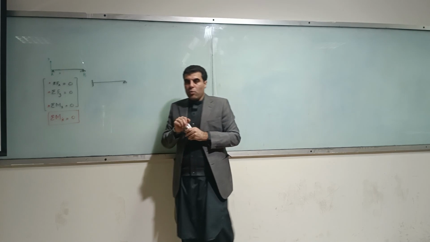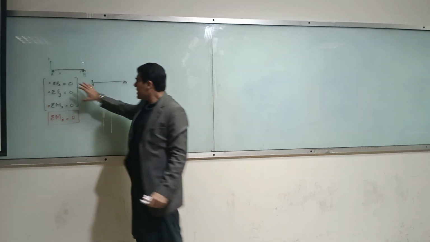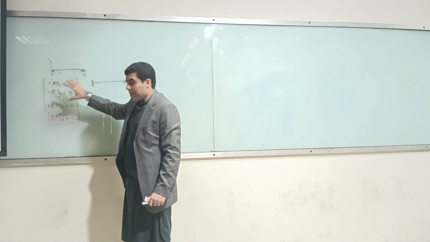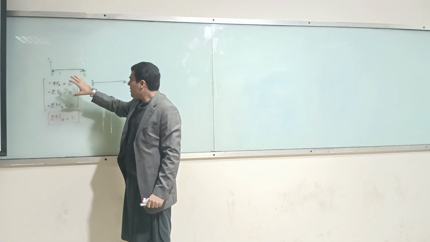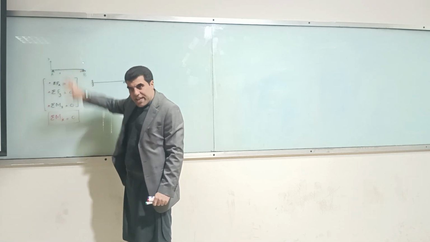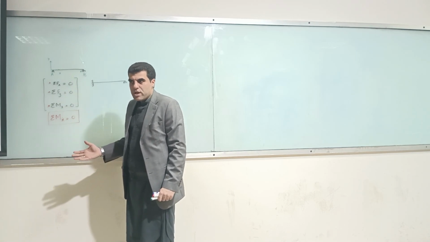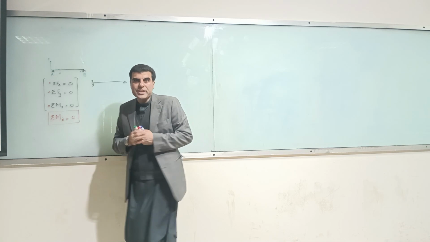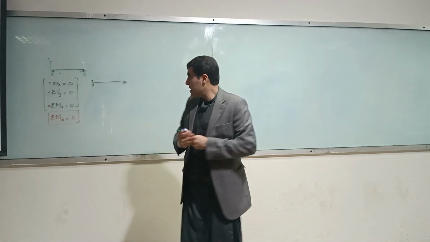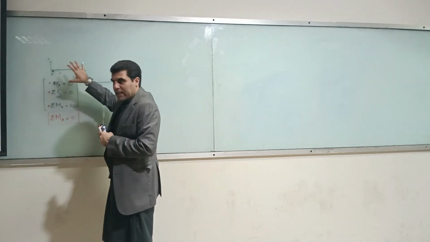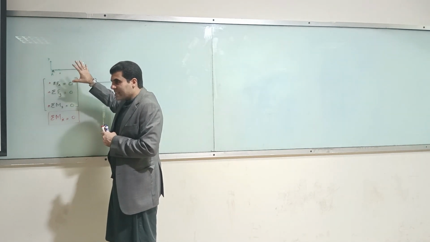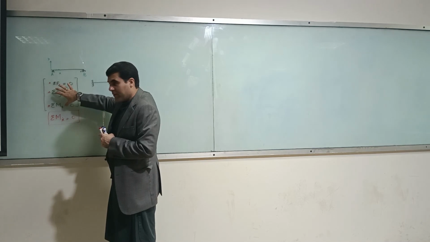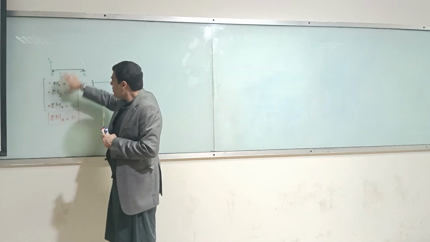The important thing is that you have to see whether the number of unknown reactions are equal to the available equilibrium equations, whether they are less or whether they are more. It's very important that you work that out correctly.